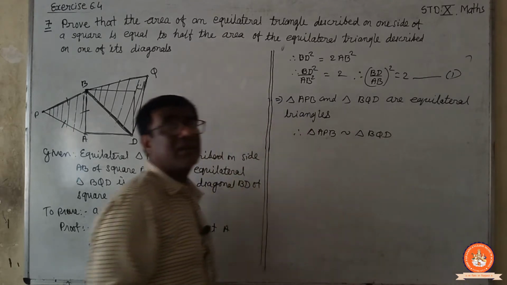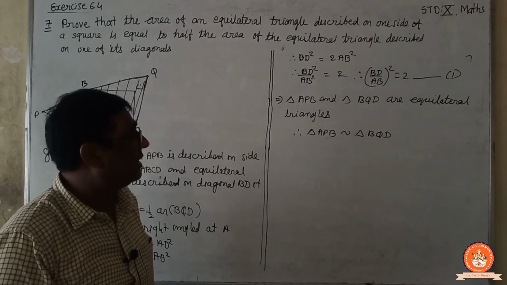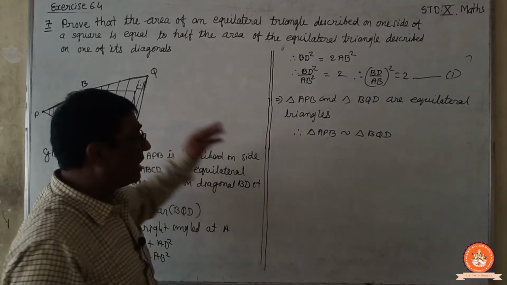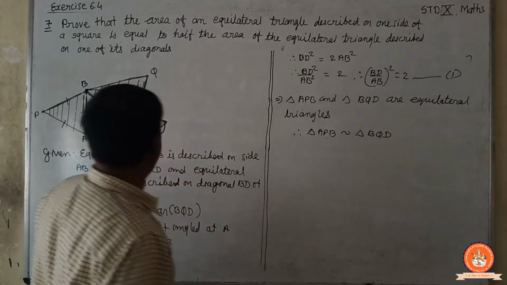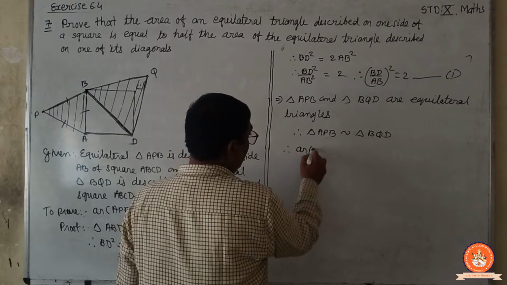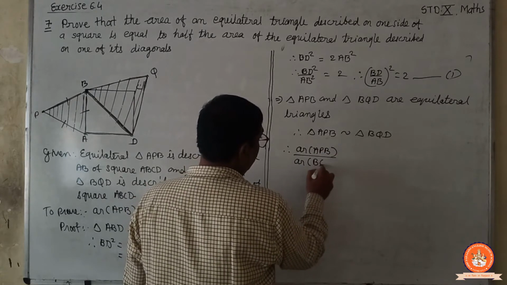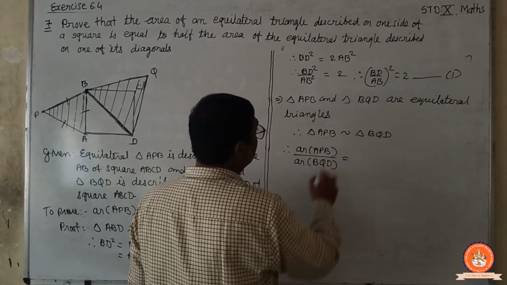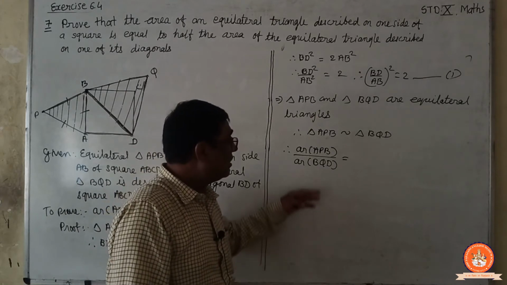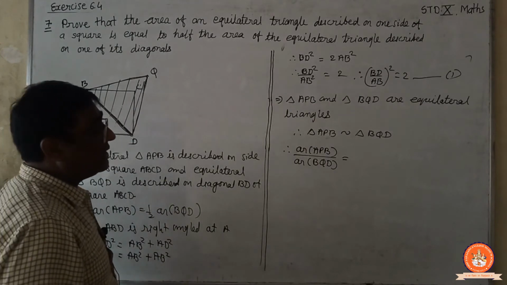Two equilateral triangles are always similar, that we have discussed earlier in this chapter. So these two triangles are always similar, as per the side criteria also. And therefore area of APB upon area of BQD is equal to, as per theorem 6.6, the area of two similar triangles is equal to the square of the ratio of their corresponding sides.